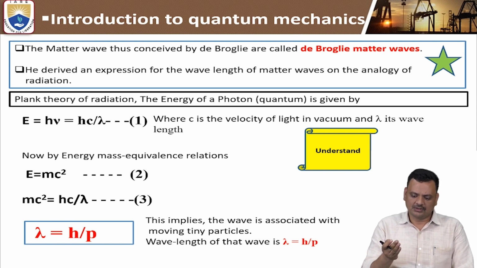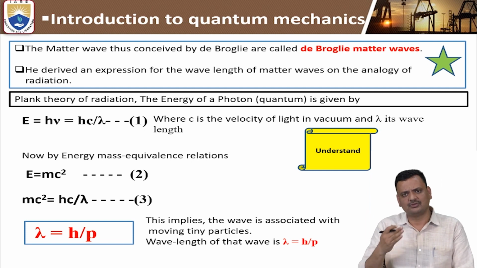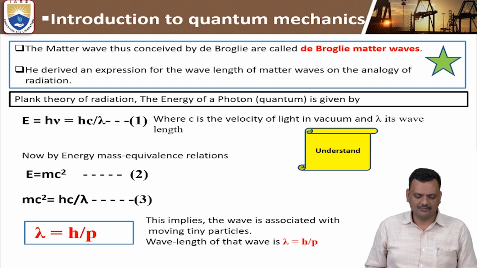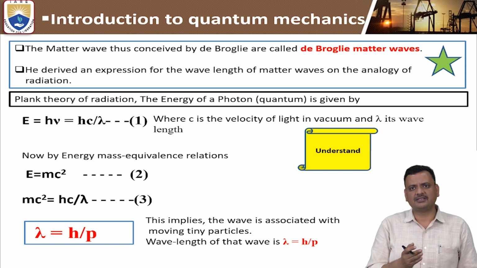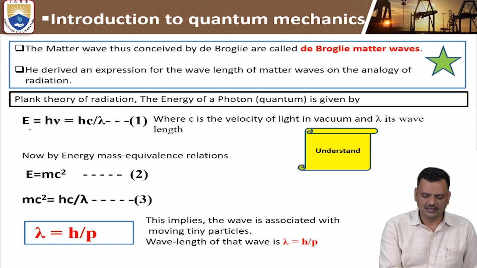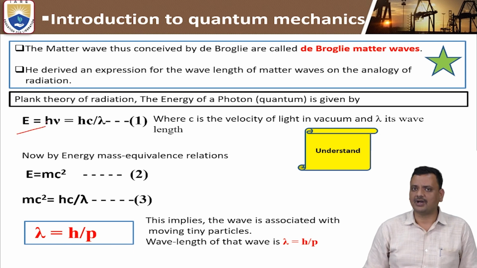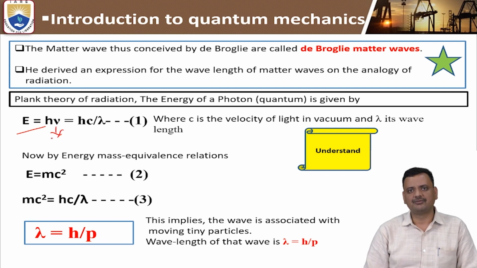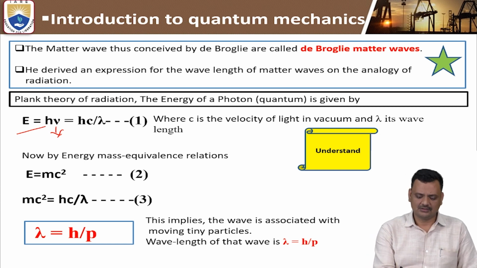So they extended such an idea, and they also extended all the numerical expressions. So here in Planck's theory of radiation, what is the energy of any photon? E is equal to h nu. This nu represents the frequency. So what is frequency? c by lambda. Okay.